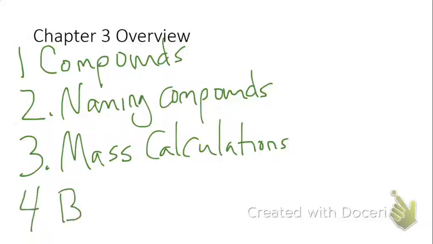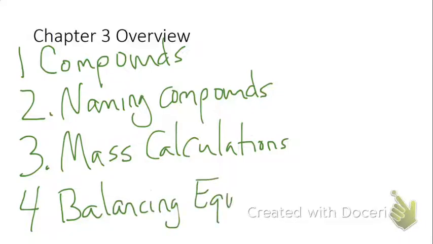And then we're going to finish the chapter with a brief introduction on how to balance equations. And this is going to be very important in Chapter 4, 5, and 6. And so we're just going to briefly introduce how to balance equations, some of the rules for balancing equations in this chapter.